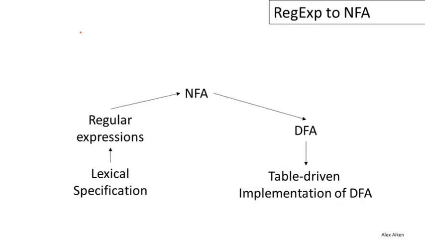So in previous videos, we've talked about this piece, and we've also defined these pieces. And so now we're ready to put the whole thing together. And in this particular video, we're going to focus on this component right here, the translation of regular expressions to non-deterministic finite automata.